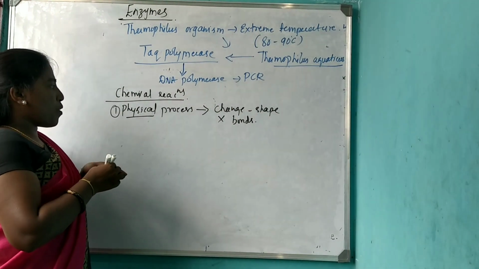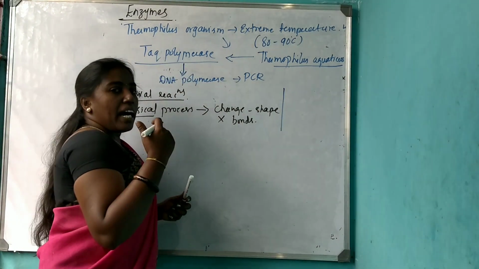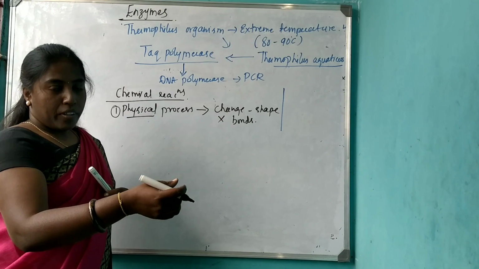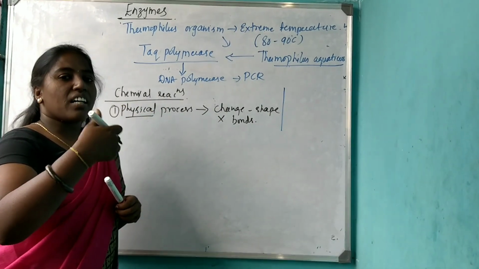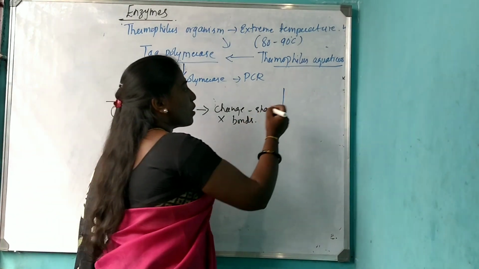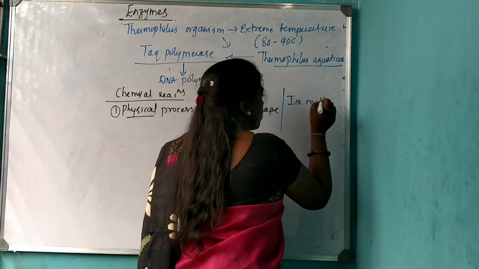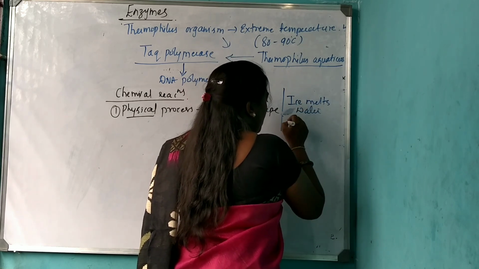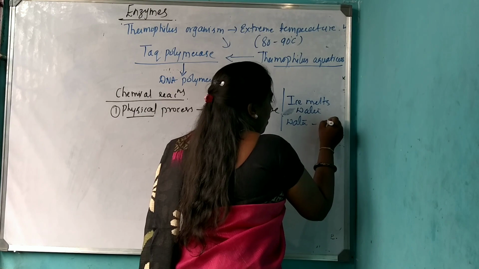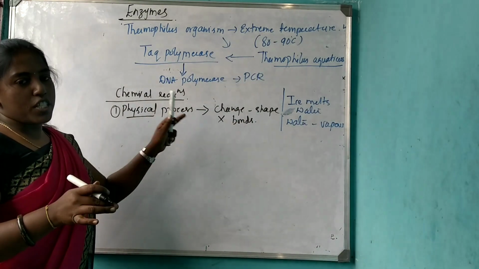One example for a physical process you can take is where ice melts into water, or the water turns into water vapor, where you can see the change in the state. Those are some of the examples for the physical process.